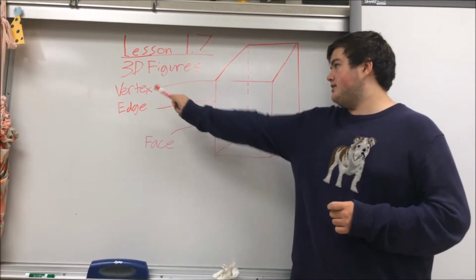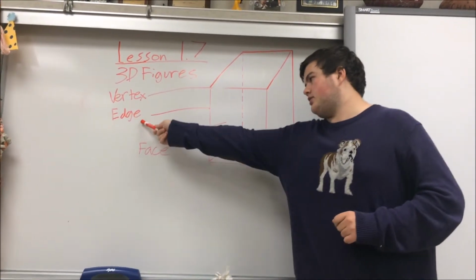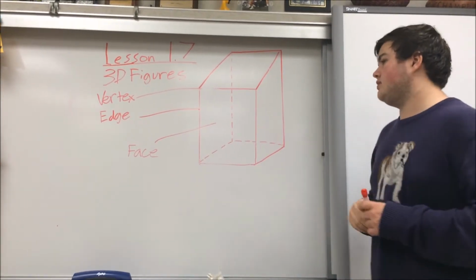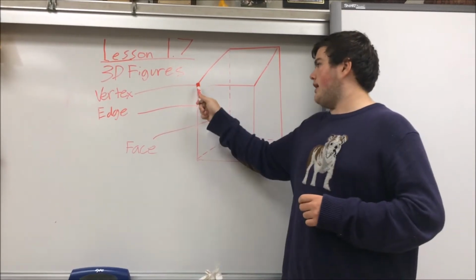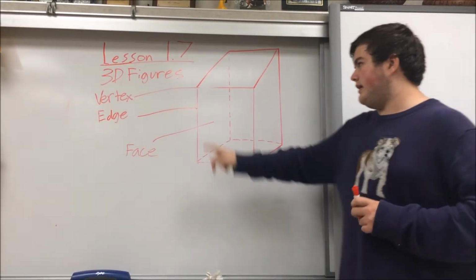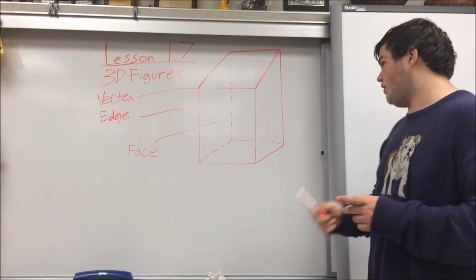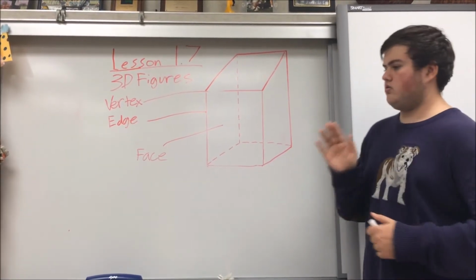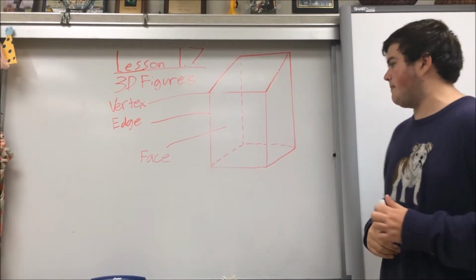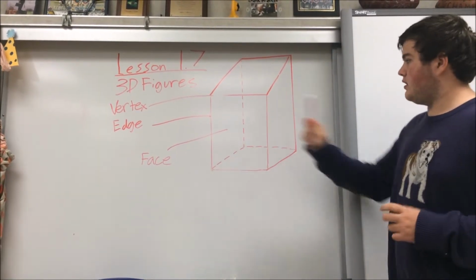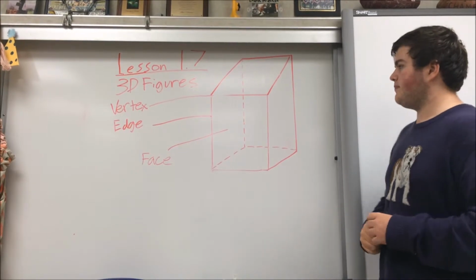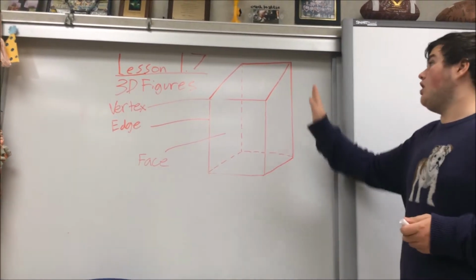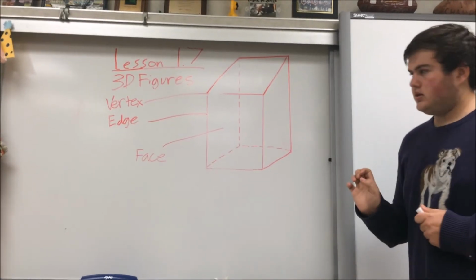A vertex is when two or more edges meet at a singular point. That is a vertex. And, I'm sure you know, an edge is one of the corners, you could call it, of the shape. The face is the base or one of the sides of the figure.